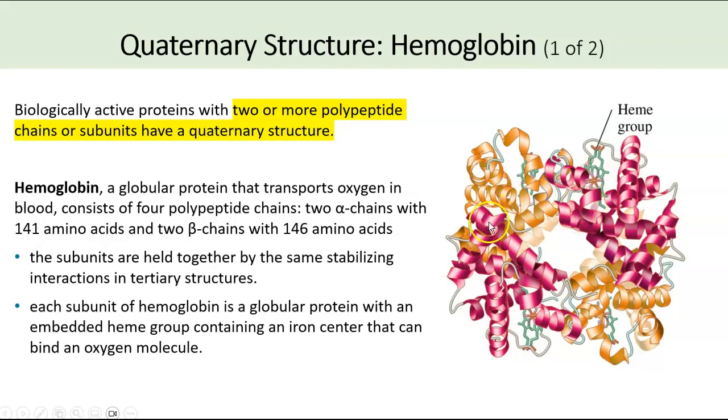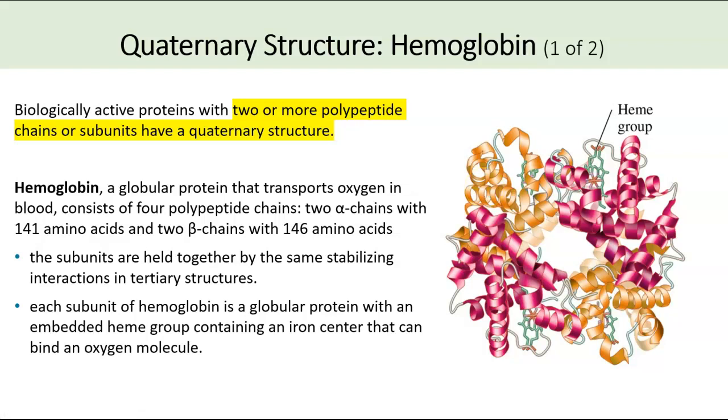It consists of four polypeptide chains: two alpha chains, which are made up of 141 amino acids, and two beta chains with 146 amino acids. The subunits are held together by the same stabilizing interactions as in tertiary structures. We talked about so many different types of interactions, and those are the ones that help to stabilize these subunits together.